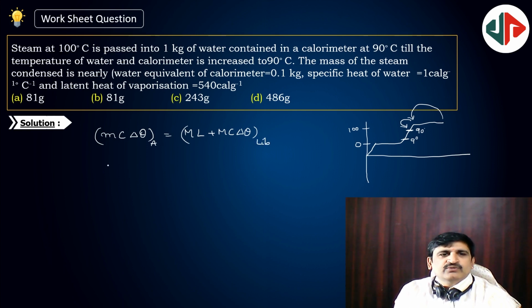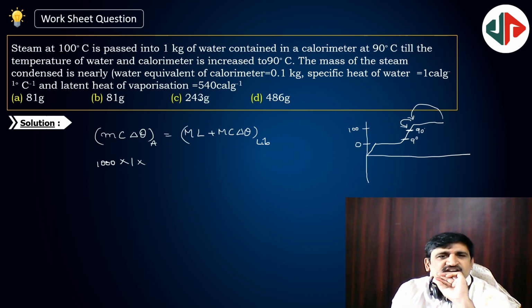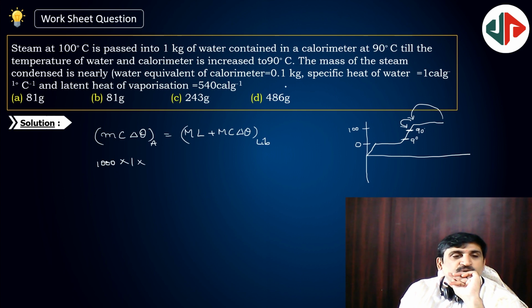M value 1 kg, in the answer grams. So 1000 into C value, specific heat of water is 1, grams is better, and water equivalent of calorimeter is 0.1 kg. 0.1 kg means 100 grams, that must be added here.